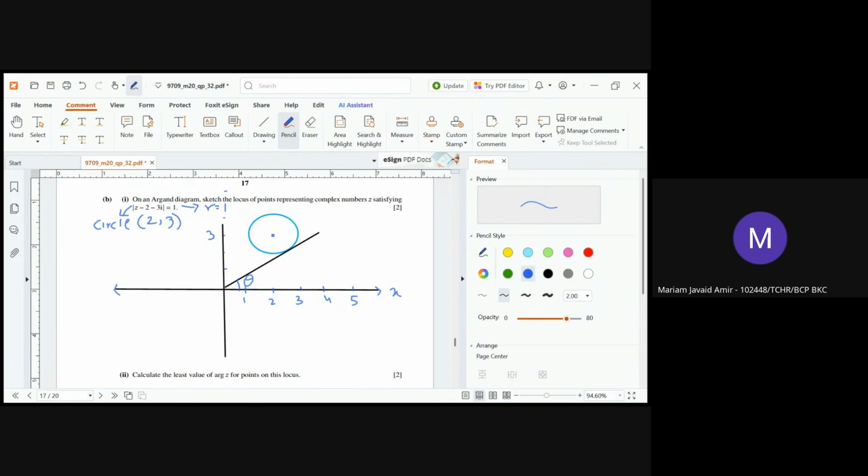Now, how do we do that? We'll have to make use of trigonometry and circle properties. So this is the radius, right? This is 1 unit. And we know from O levels that radius and tangent are perpendicular. So we have a 90-degree angle here.